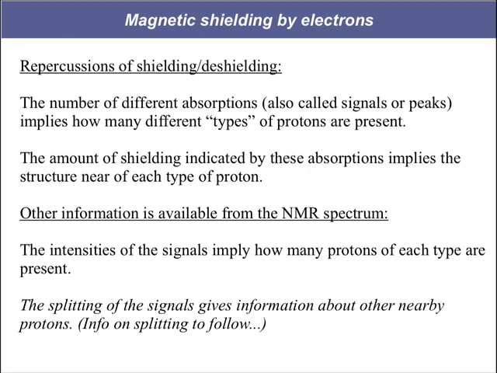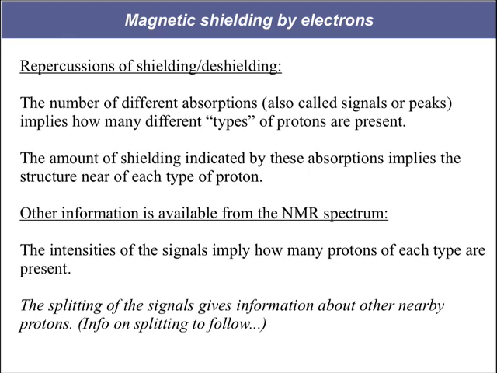If we apply a magnetic field and we get 3 different radio frequencies being absorbed, that means that we have 3 different types of protons, or protons in 3 different types of chemical environments. So the number of signals that get absorbed tell us how many different types of protons we have.